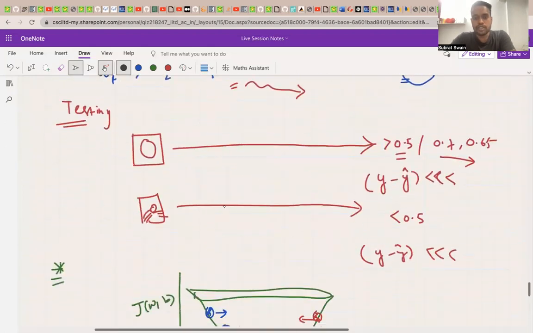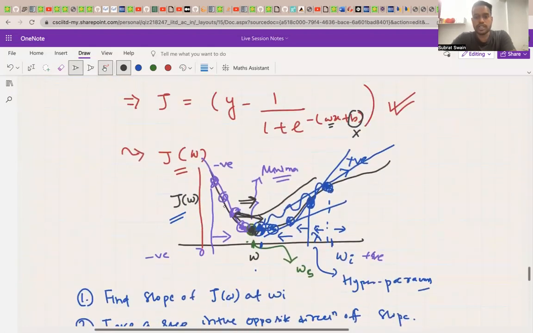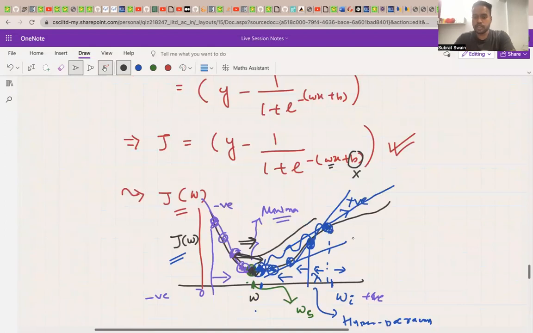If you look at this diagram, when you're coming here you will be moving very fast, because if you take a step, you'll be coming from here to here, right? But here, if you take a step, you'll be traveling very little distance. So the distance you're traveling is less here, but in the vertical direction, you're traveling very much.